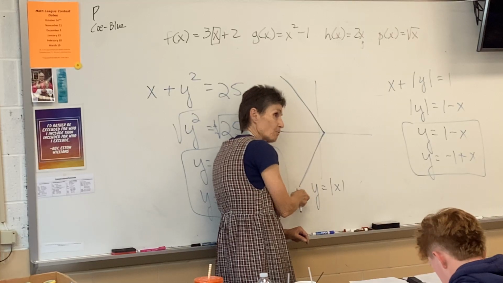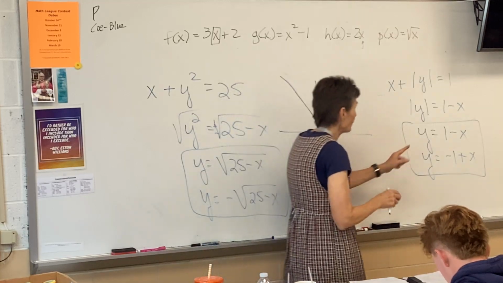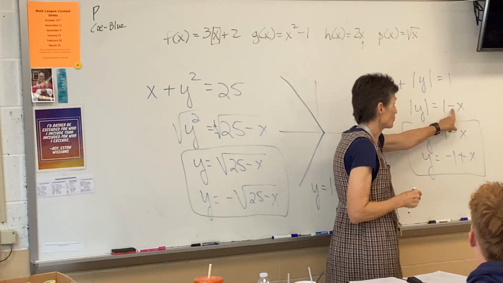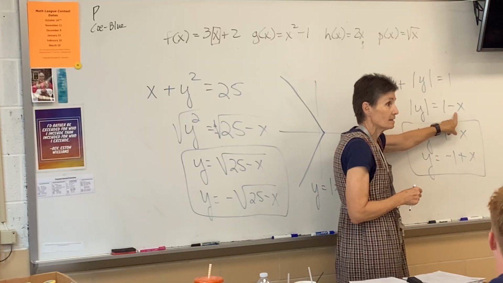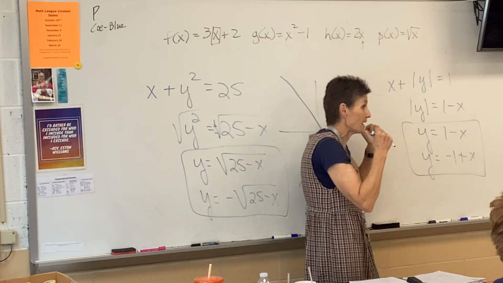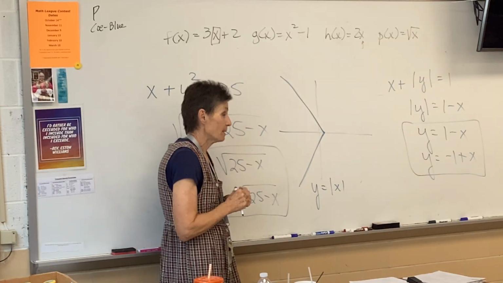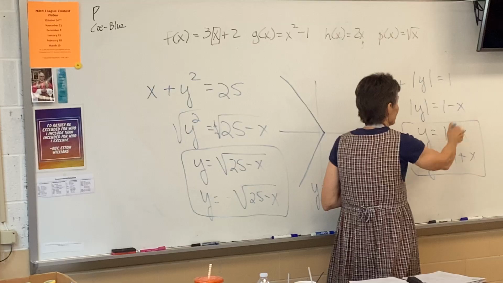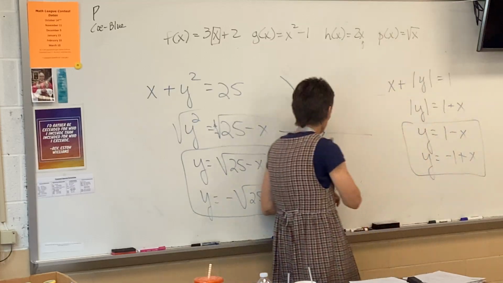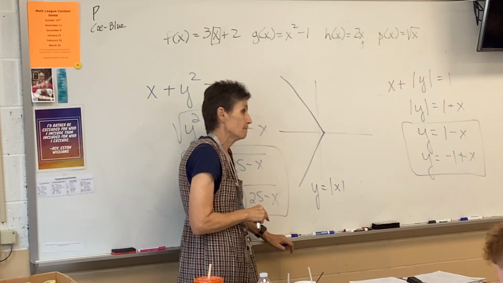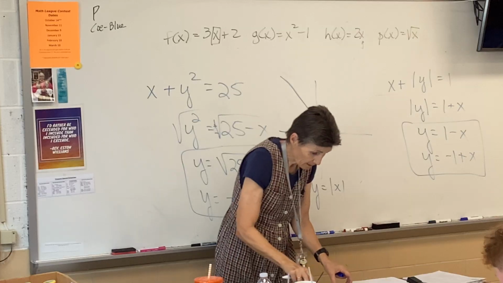There'll be a negative on the x, which changes its sign and makes it go left instead of right. If it was plus, it would go right. All right, couple more.